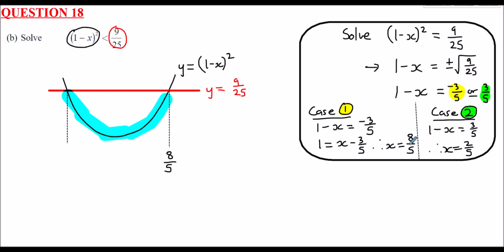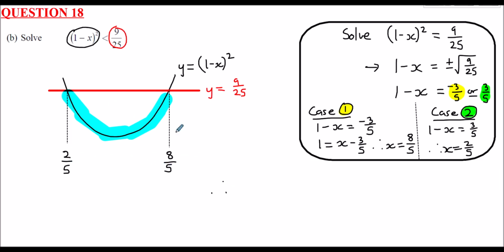So case 1, x is 8/5. On the lower side, it's actually equal to 9/25 when x was 2/5. So because we want the value of 1 minus x squared to be underneath this red line, the curve is underneath this red line for x being between 2/5 and 8/5. And so this is our allowed range for x.